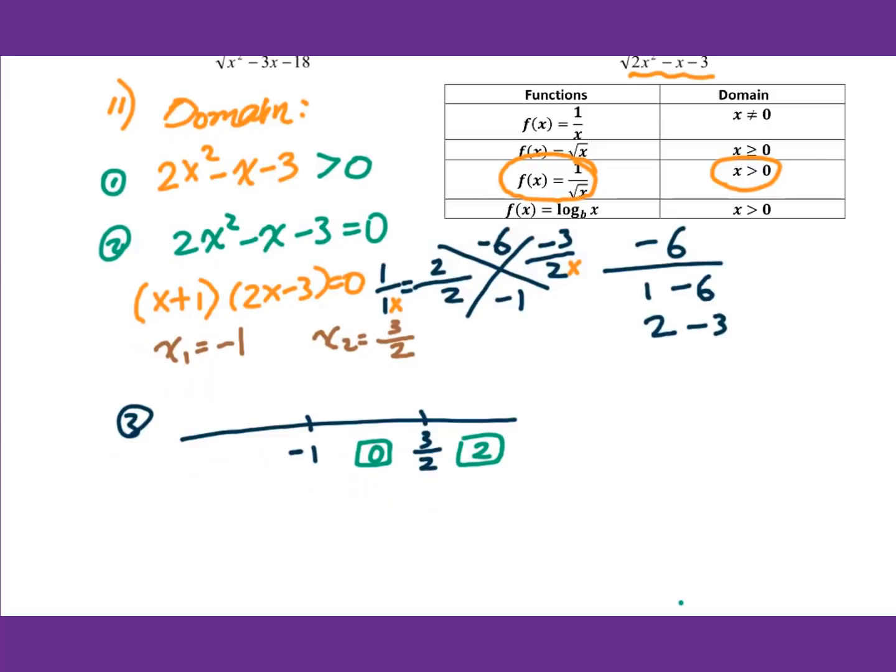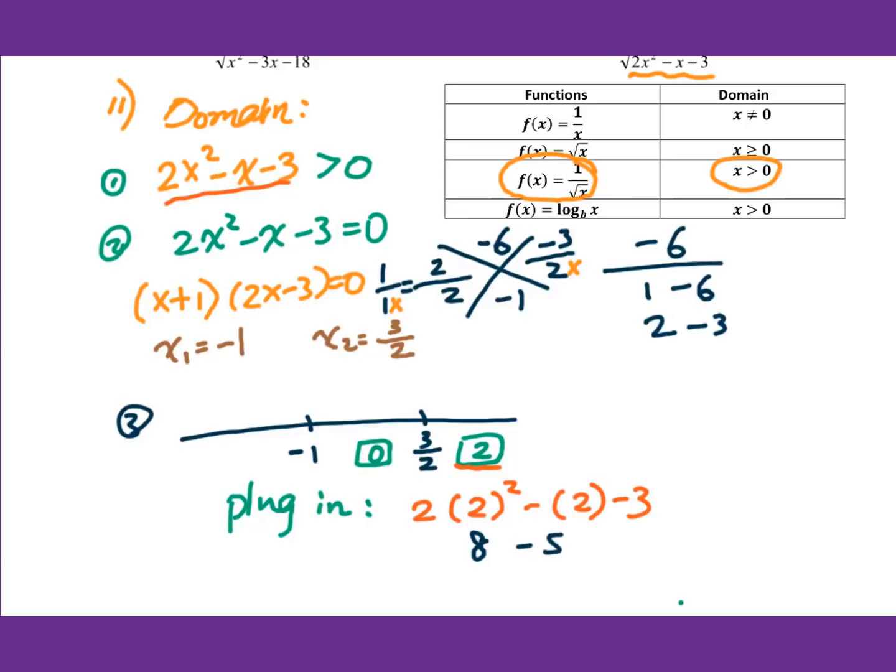Let's plug in 2 this time. We got 2 times 2 squared minus 2 minus 3. You got 8 minus 5 equals 3. That's greater than 0. So this time you can see this interval is positive.